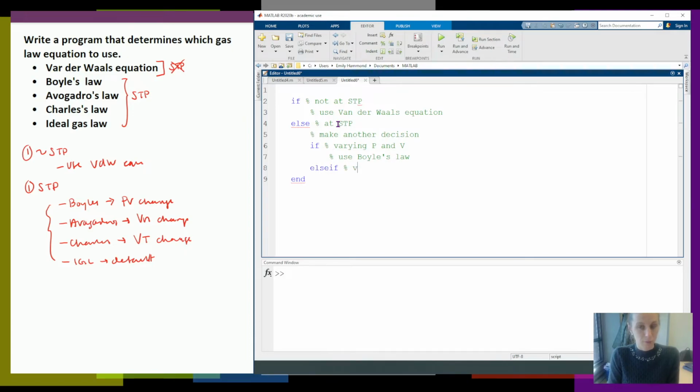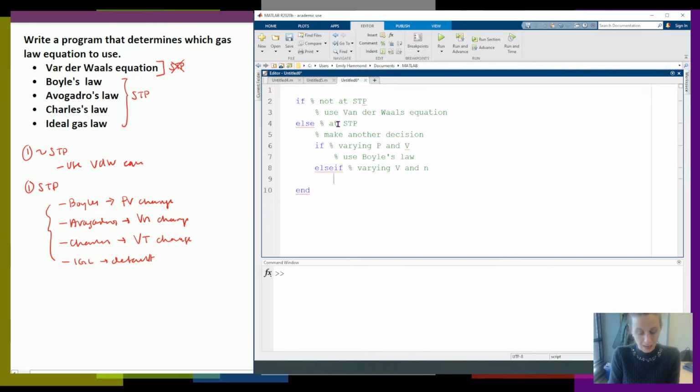Else if varying volume and moles, volume and n, I would use Avogadro's law. Else if I am varying volume and temperature, I would use Charles' law. Else, use the ideal gas law. And then end.